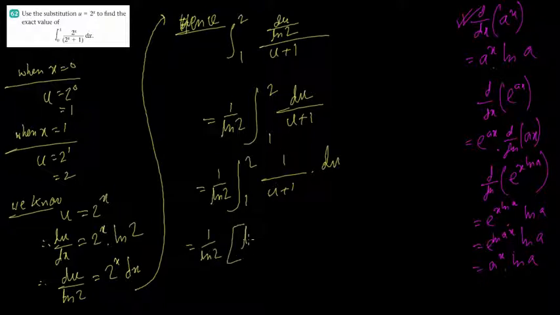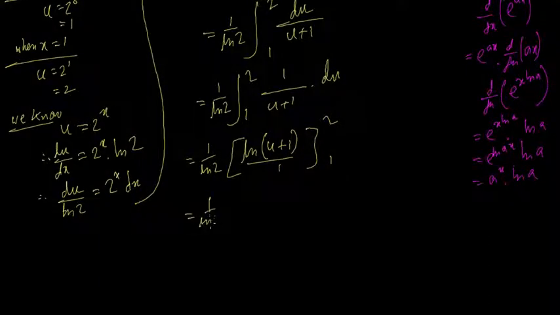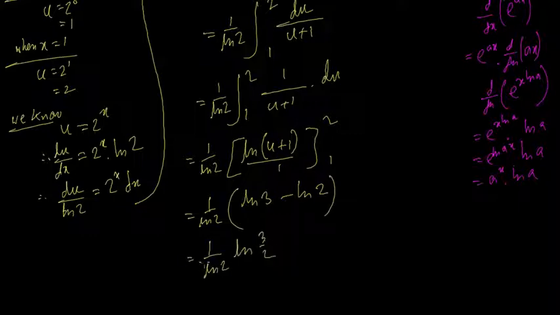It is going to be ln of u plus 1 divided by the chain rule factor 1, and the limits are 1 to 2. So this is going to be 1 by ln 2. If you put the limits, it would be ln of 2 plus 1, which is 3, minus ln of 1 plus 1, which is 2. So this would be 1 by ln 2 into ln 3 by 2. That's it. That's the integral.